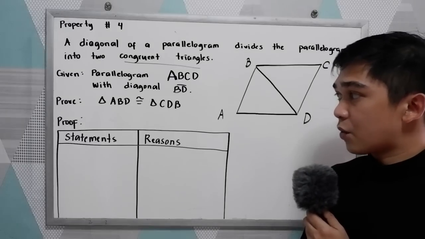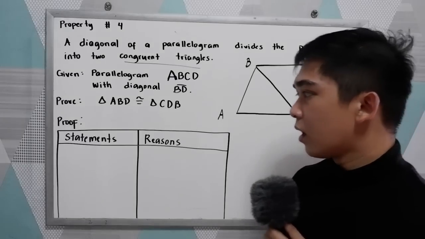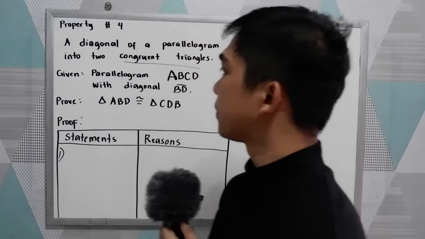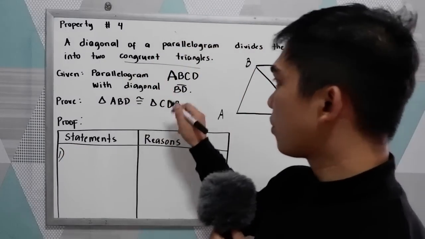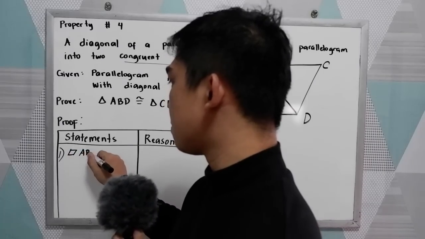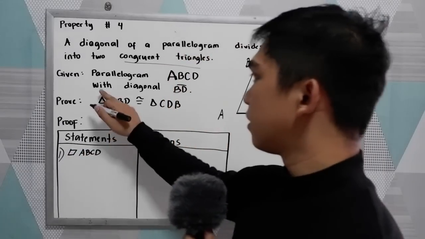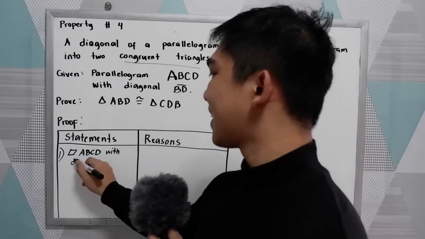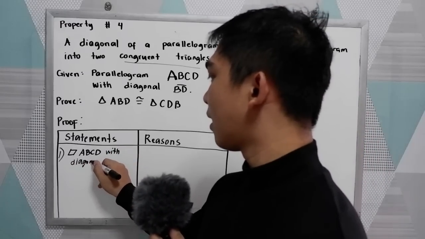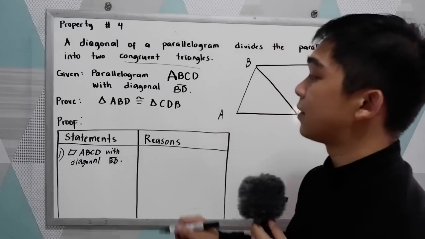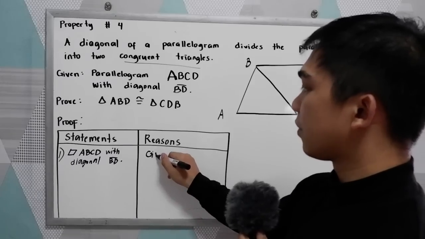Of course, in our statements and reasons, write first the given. So our given: parallelogram ABCD with diagonal BD. That is our reason, given.